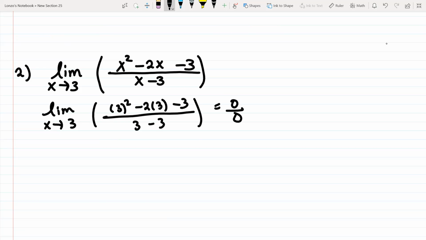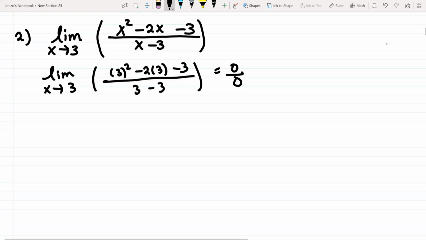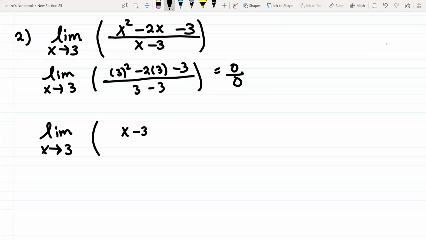So maybe what we could do is factor the numerator, and then maybe something cancels. So let's do that. The numerator x squared minus 2x minus 3 can be factored as x minus 3 times x plus 1. And then on the bottom, it's just going to be x minus 3.